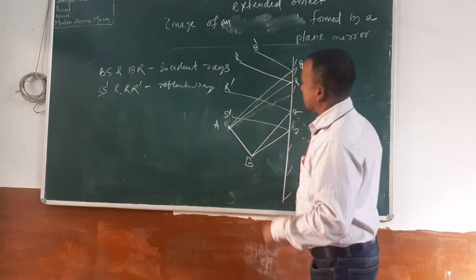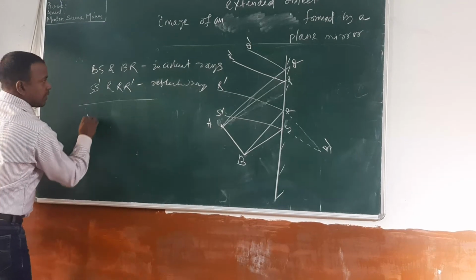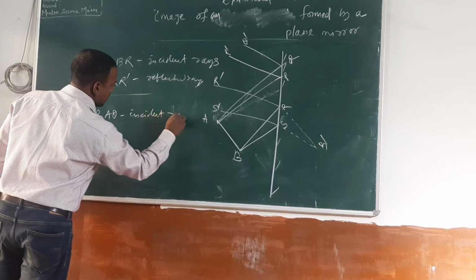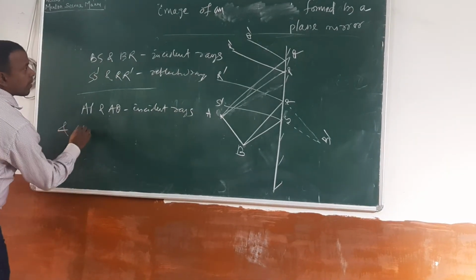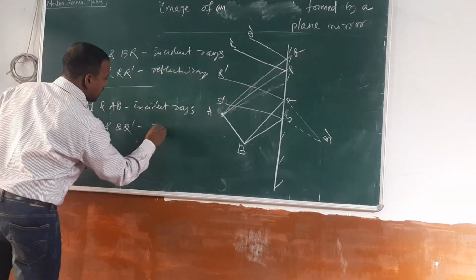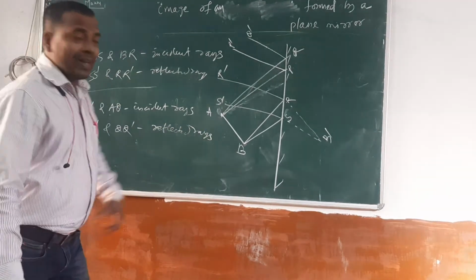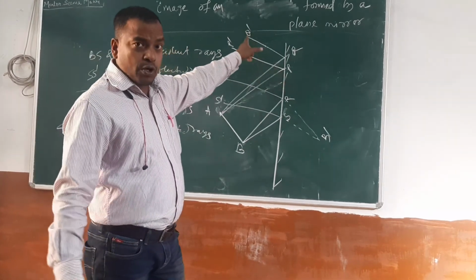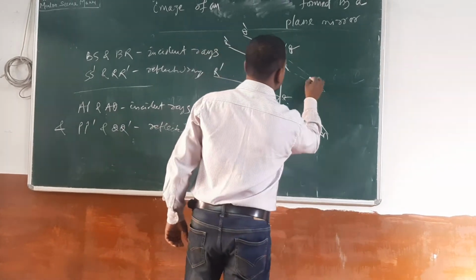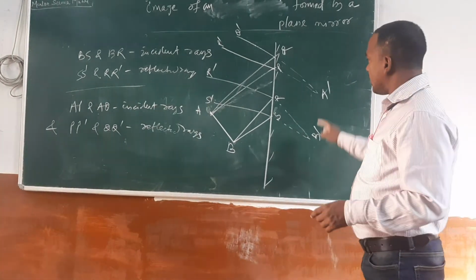AP and AQ are incident rays, and P dash and Q dash are reflected rays. When both of those reflected rays are produced backwards, they will create the image at a point, suppose it is A dash.